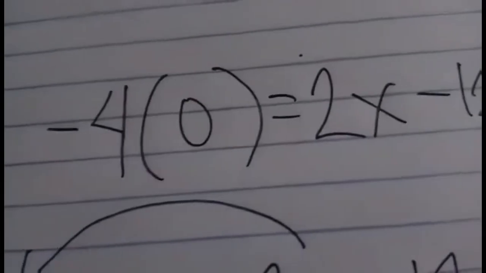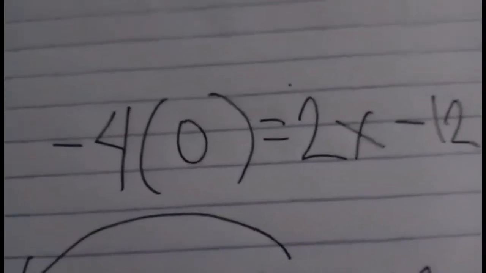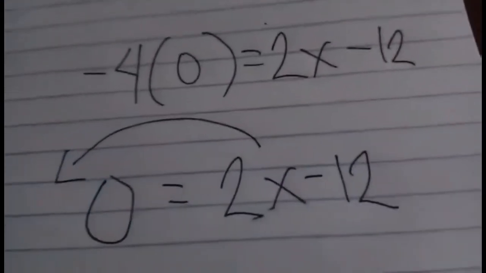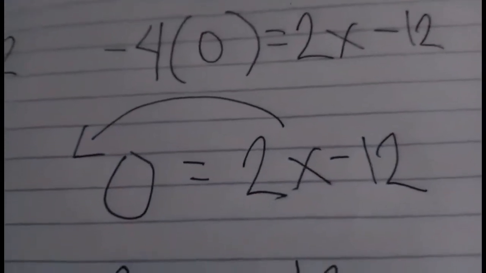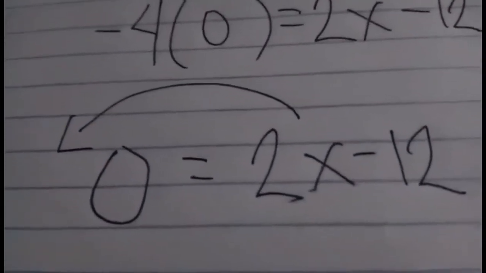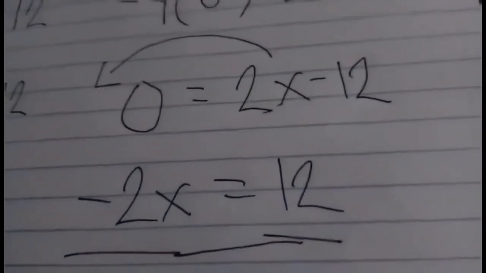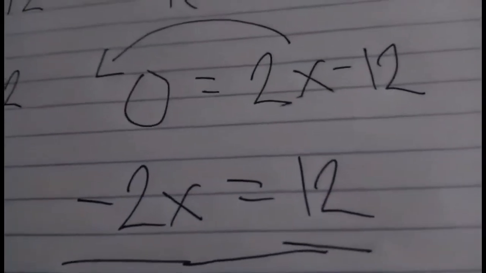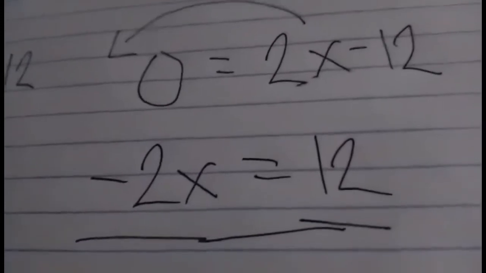Next we'll make our y be 0. So let's exchange y to 0, and then we transpose 2x, so it's going to be negative 2x. Negative 2x is equal to 12. So the 0 is already gone.